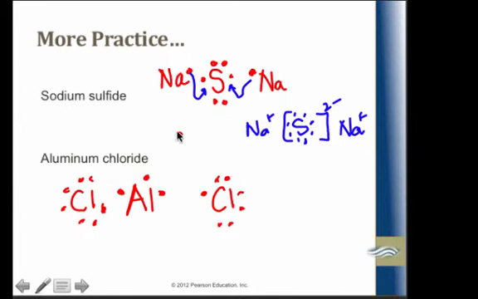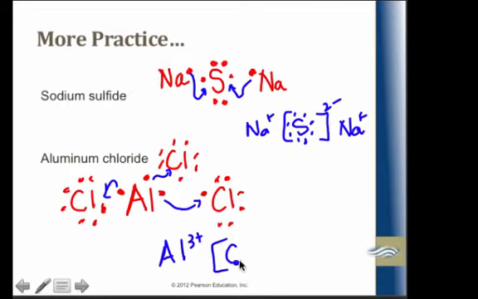So let me put the other 3rd chlorine up here. And then we could show the transfer to these 3 chlorines. And you would be left with a 3+ aluminum and 3 chloride ions. Three of those guys.